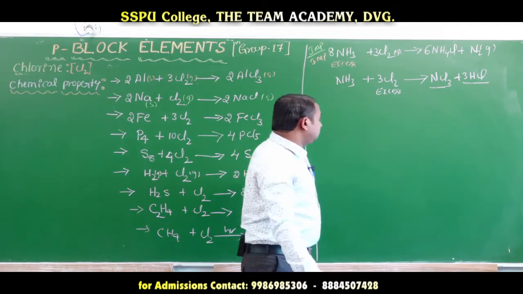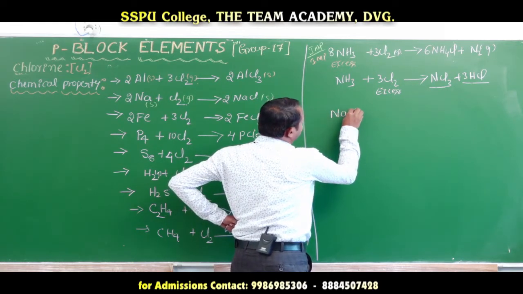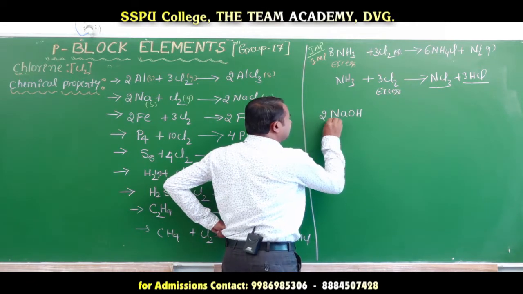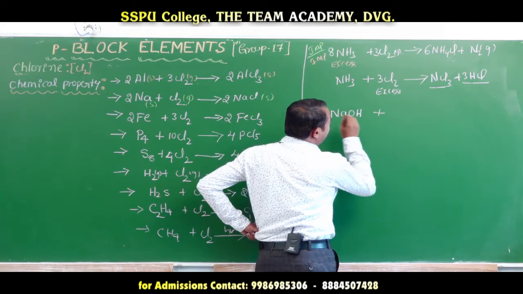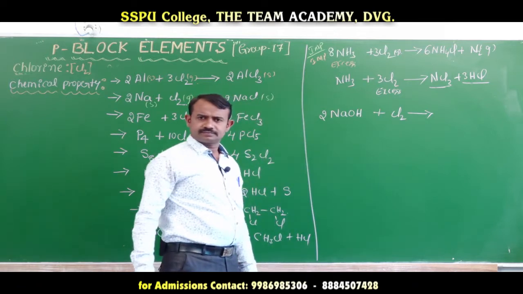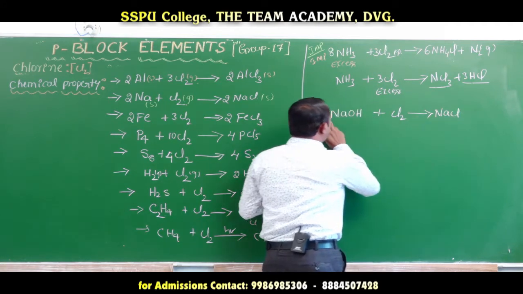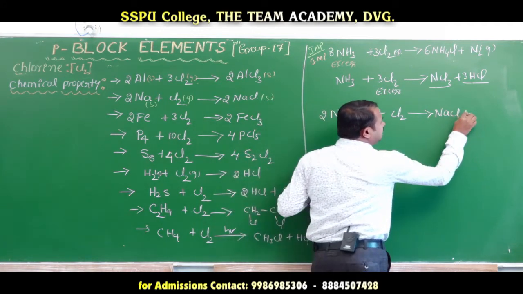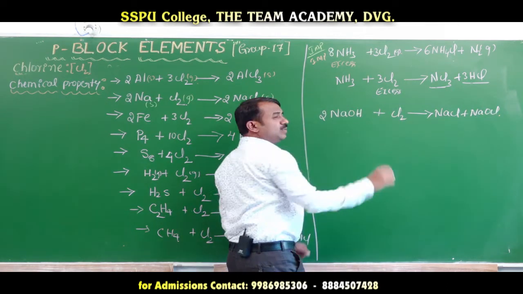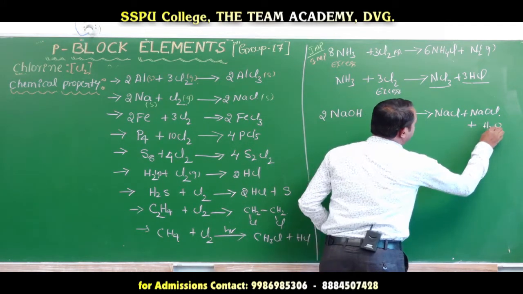Or we will go for sodium hydroxide base. This is also important. When sodium hydroxide reacts with chlorine, it forms sodium chloride, another one is sodium hypochlorite, and one molecule of water.